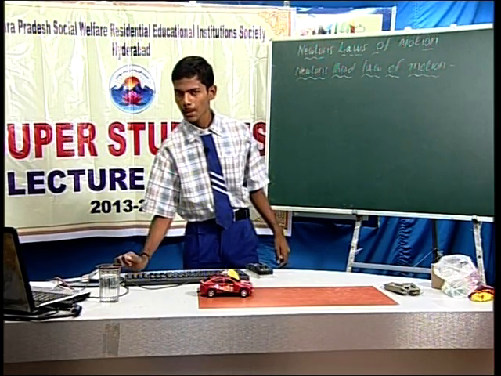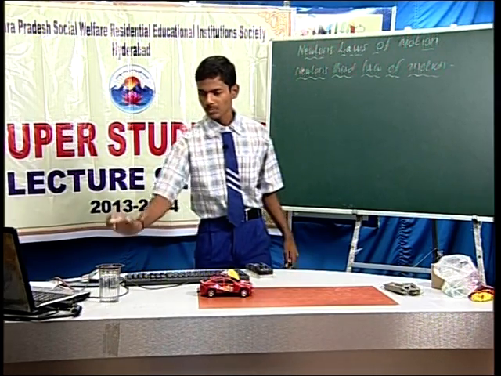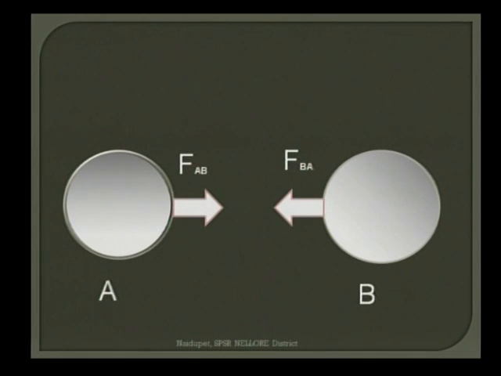See here. When a body A exerts a force FBA on B, and B exerts a force FAB on A, these two forces are equal in magnitude but oppositely directed.